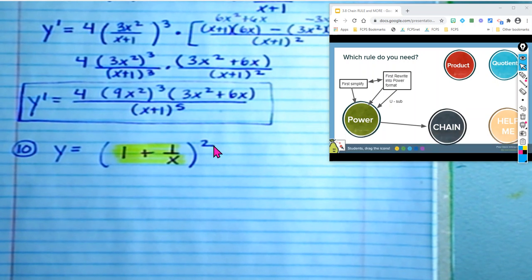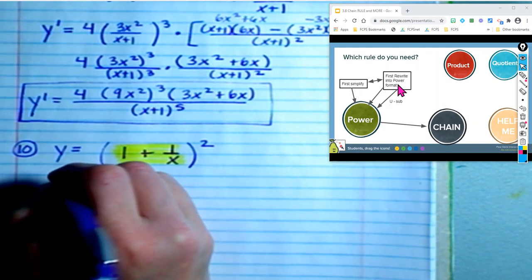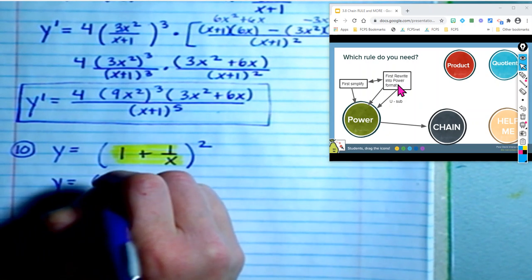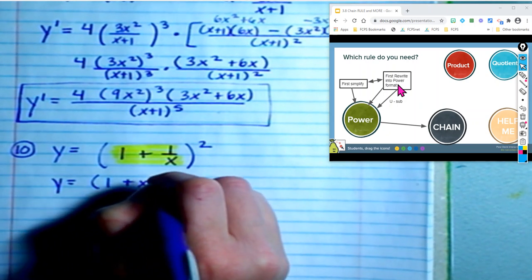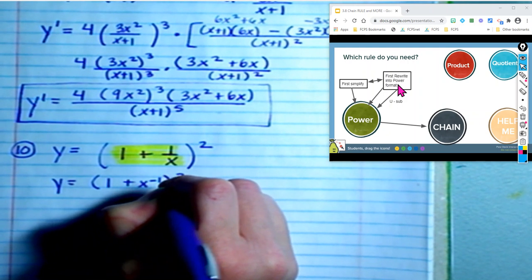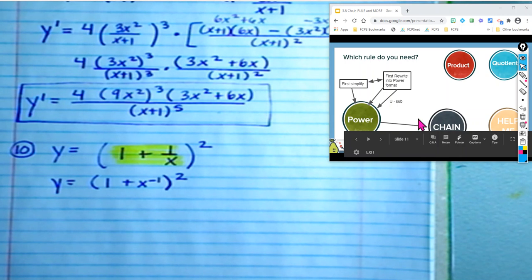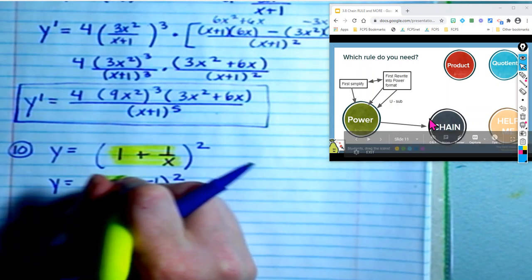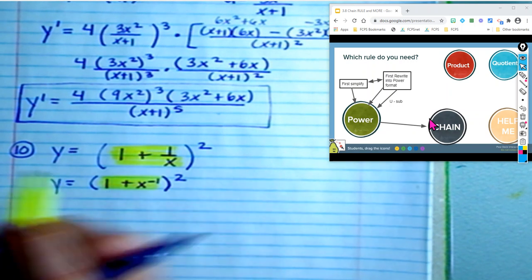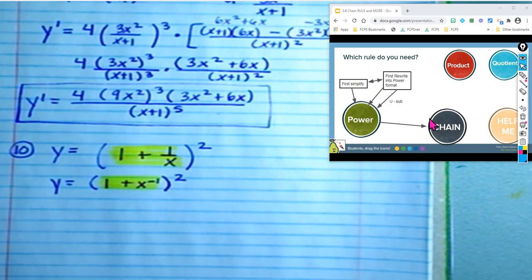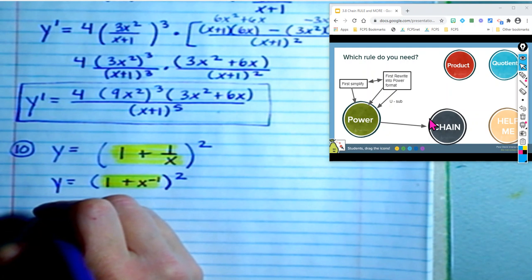I could actually do the multiplication, but I'm going to choose to do it the chain rule way because it's kind of weird to me to multiply with that fraction. Can I rewrite into power format? Yes, I see a reciprocal, so I'm going to rewrite into power format. Okay. And I do see this inside portion. So I believe I've got what we call the chain rule first. That's what I see. Okay.